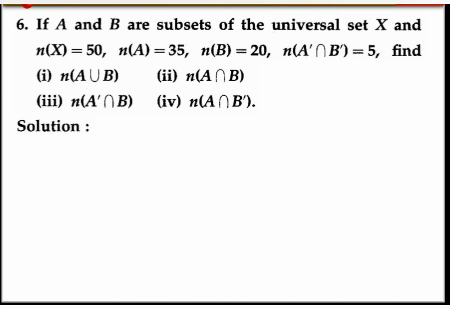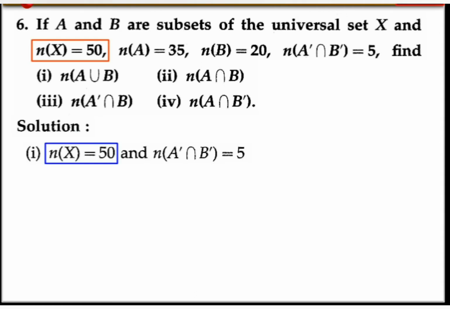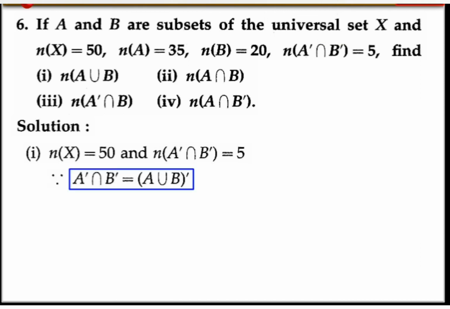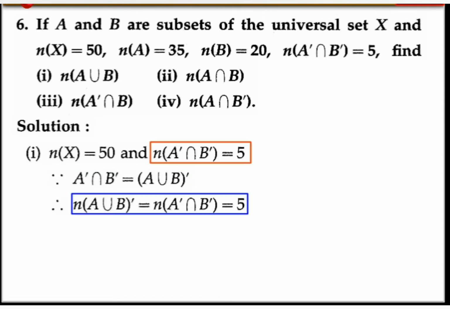Solution. Now the number of elements in X is equal to 50 and the number of elements in A complement intersection B complement is 5. Since A complement intersection B complement is equal to the complement of A union B, the number of elements in the complement of A union B is equal to the number of elements in A complement intersection B complement, that is 5.